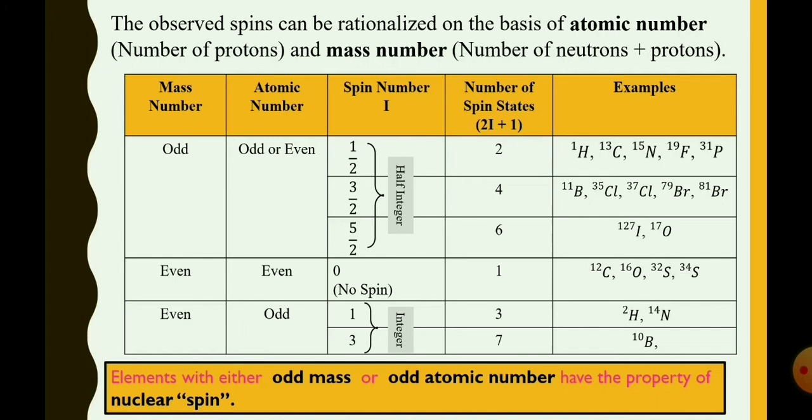The examples that fall under this category are deuterium, nitrogen and boron correspondingly. So in a nutshell we can say, elements with either odd mass or odd atomic number have the property of nuclear spin.